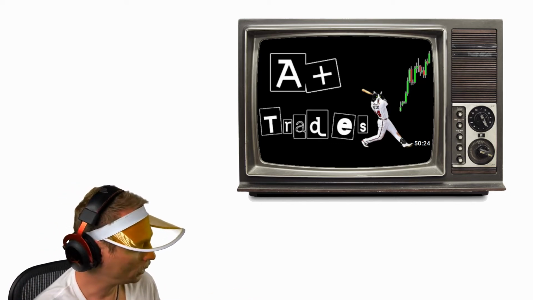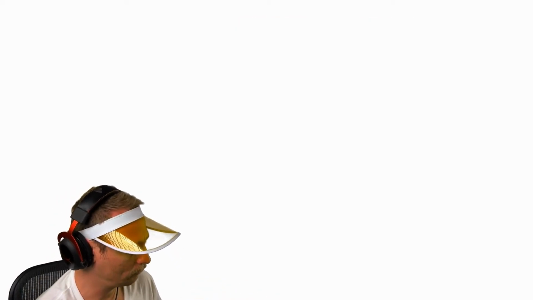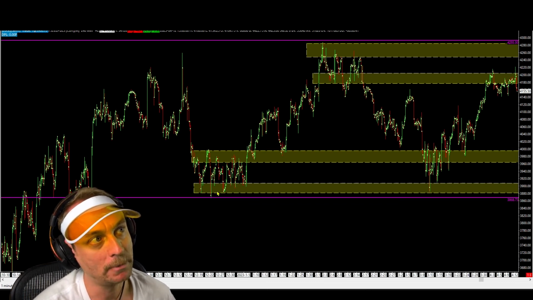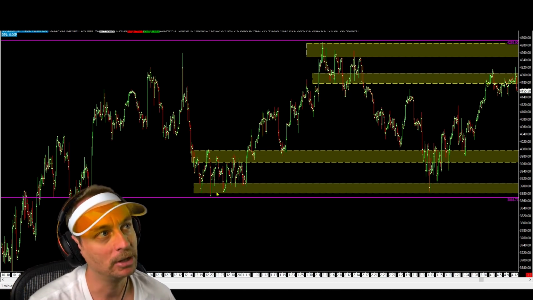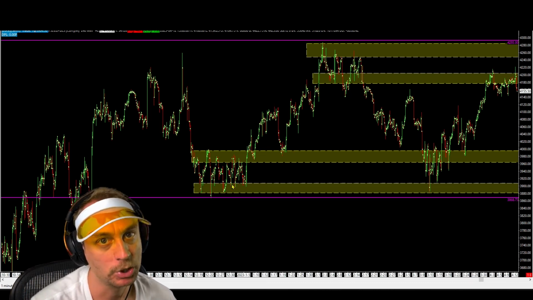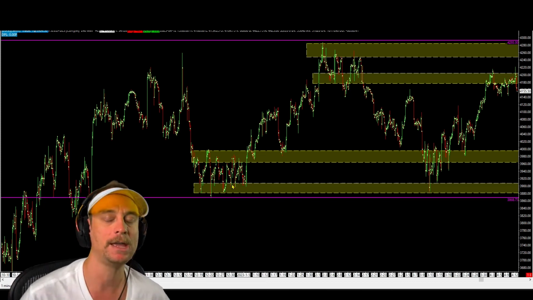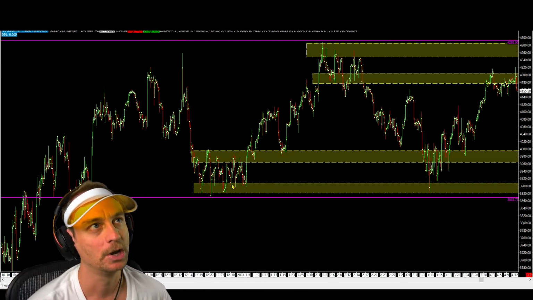When it comes to ranges, they are almost like an ace card. So if I'm at the bottom of a higher time frame range, that's already an ace card. And if I'm leveraging a smaller micro range and I'm at the bottom of that, at the bottom of a higher time frame range, now I have two ace cards, right?